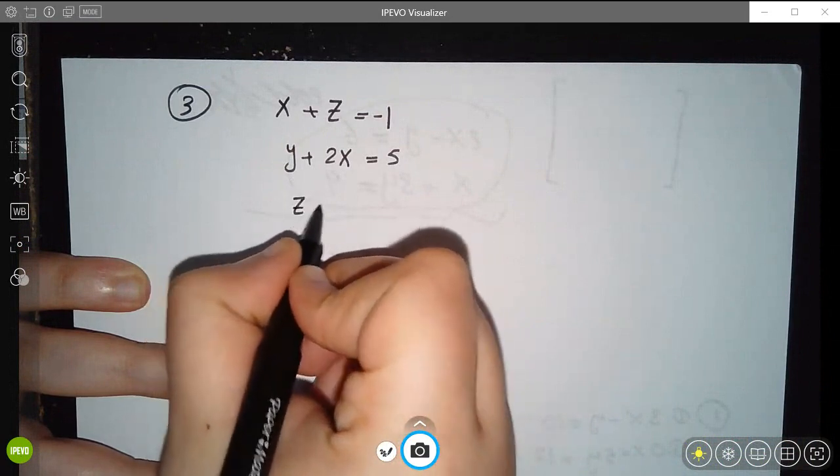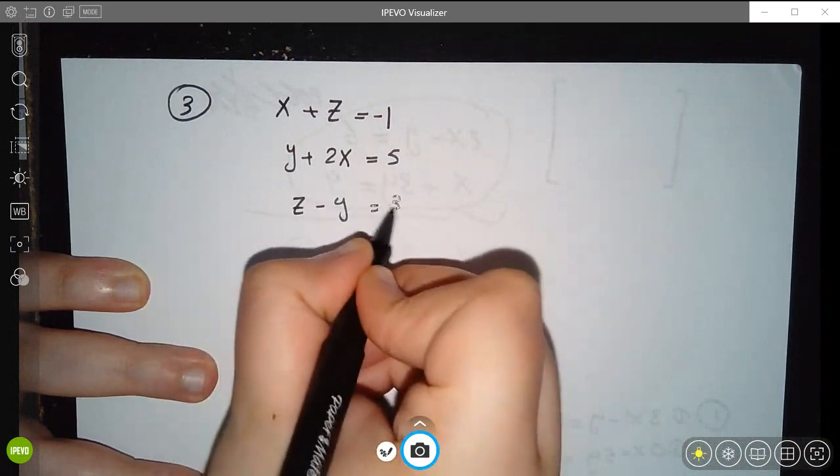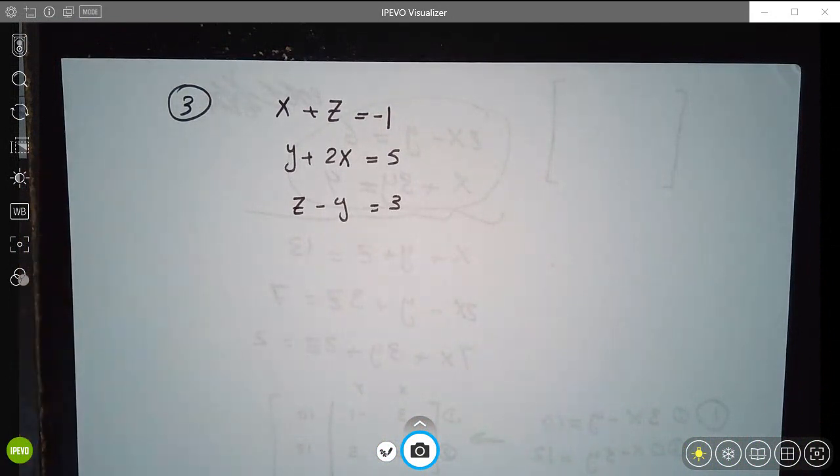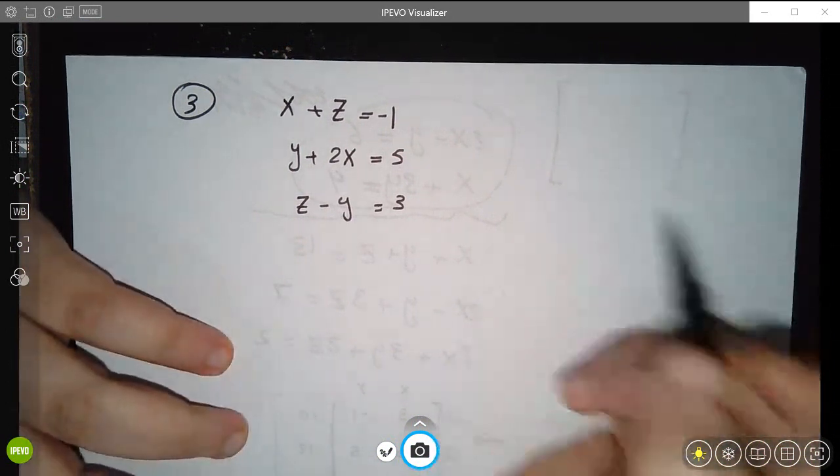And the third one says z minus y equals 3. How many variables do you have? We have 3, yeah. Even though each equation technically gave you 2, we have a total of 3 variables, x, y, and z.